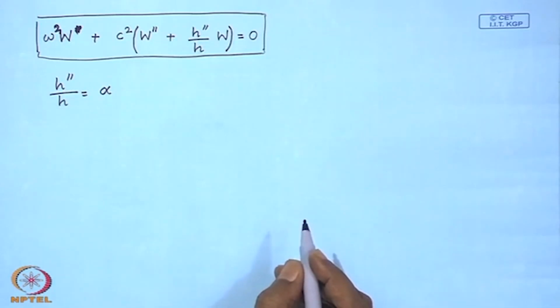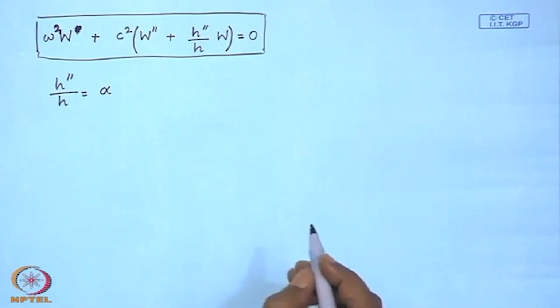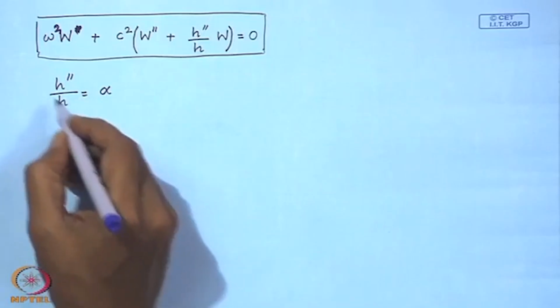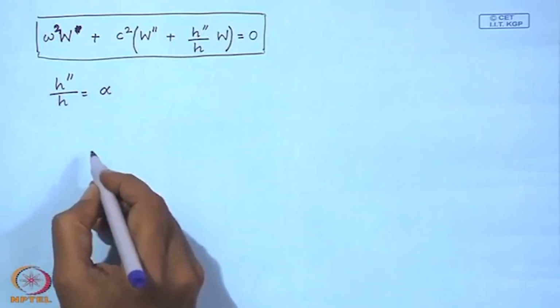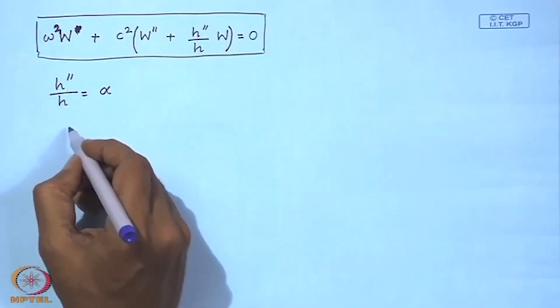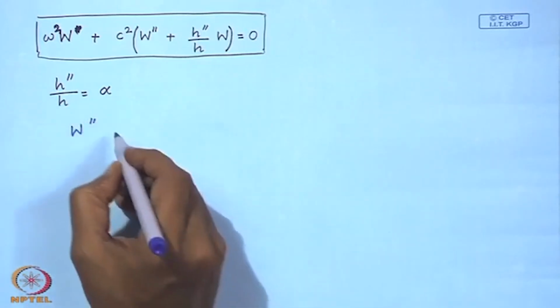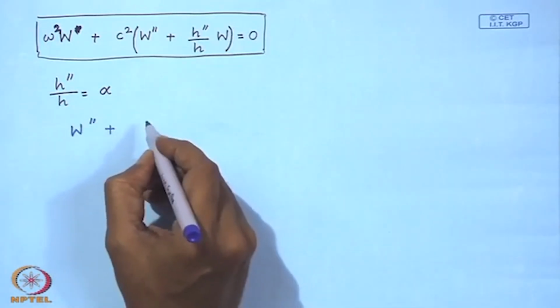So, for such a class of systems, our differential equation of the eigenvalue problem can be rewritten as this.